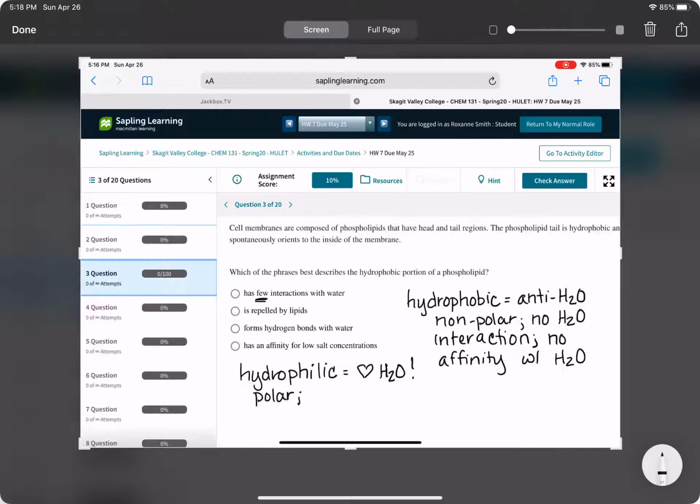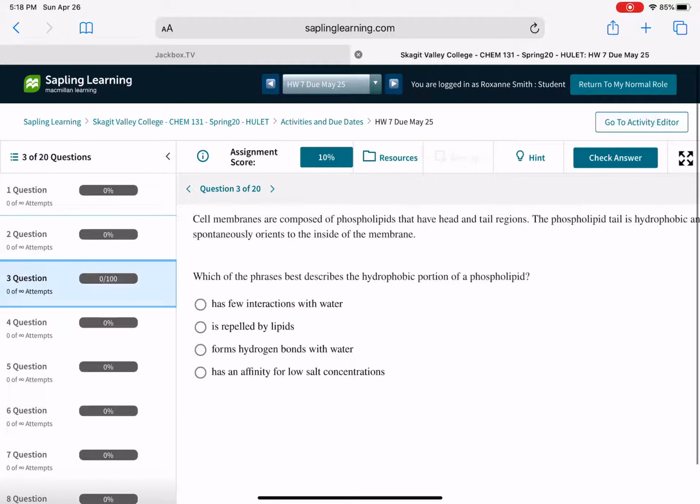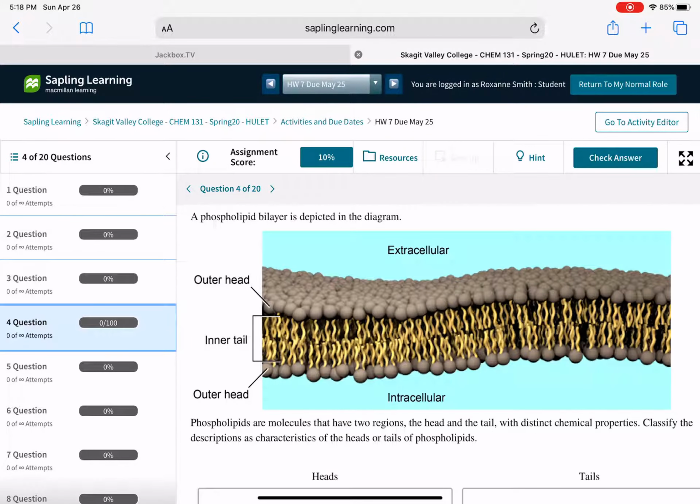It interacts with water, touches water, has a high affinity for water. Things like that. So hydrophilic loves the water. Hydrophobic does not love the water, hates the water. That's questions 2 and 3.